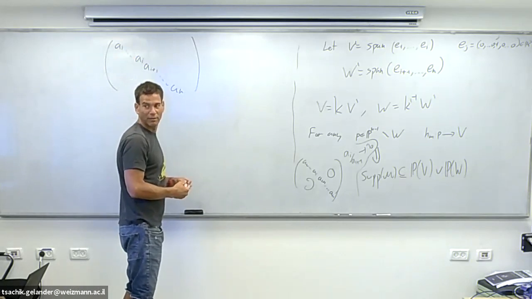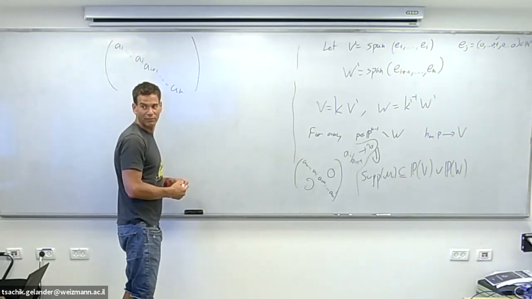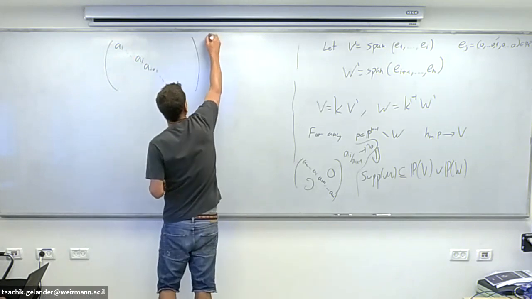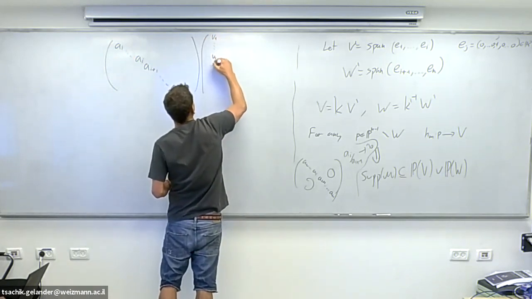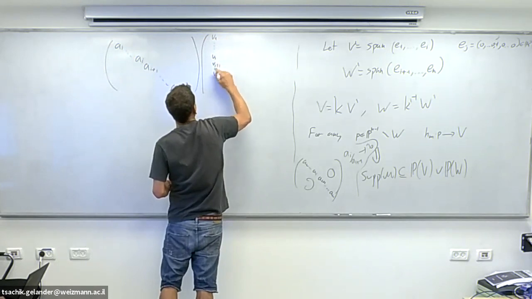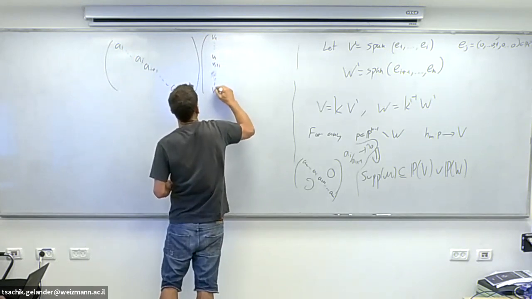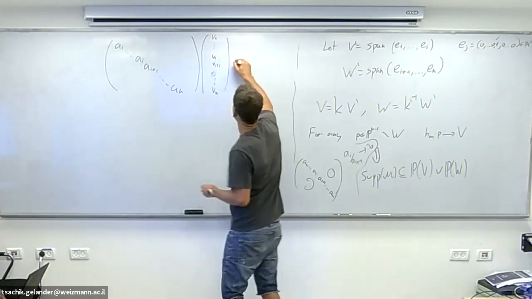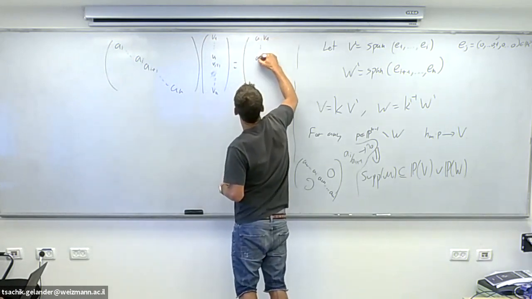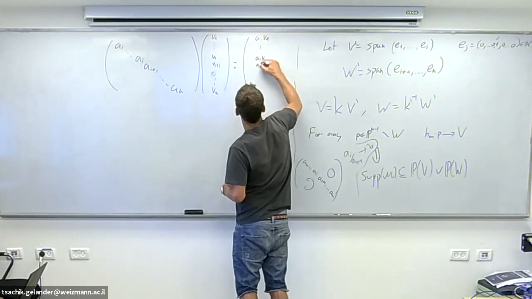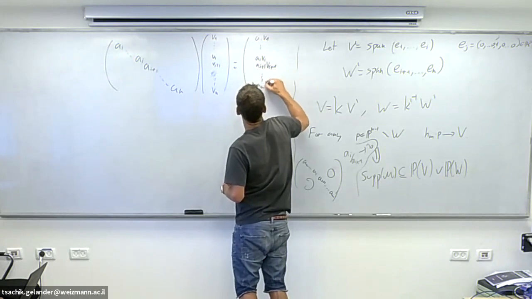Okay, let's write A_1, A_2. It doesn't matter. This acts on some vector V_1, V_i, V_{i+1}, and so on. And the result will be A_1 V_1, A_i V_i, A_{i+1} V_{i+1}, and V_n.